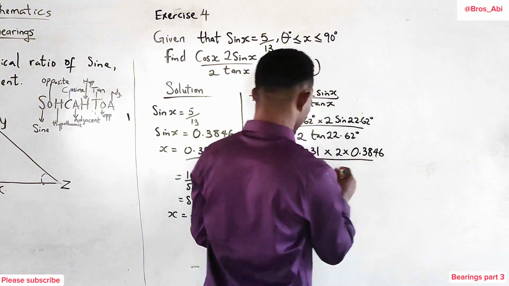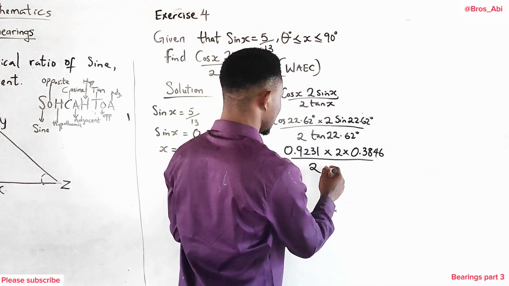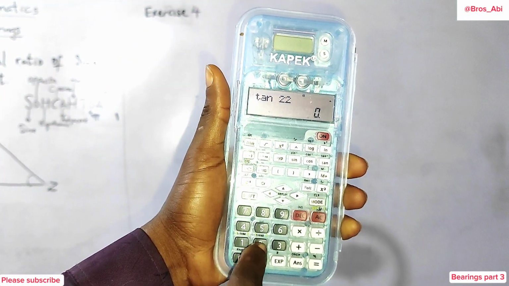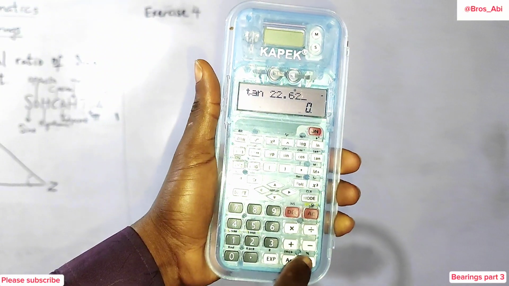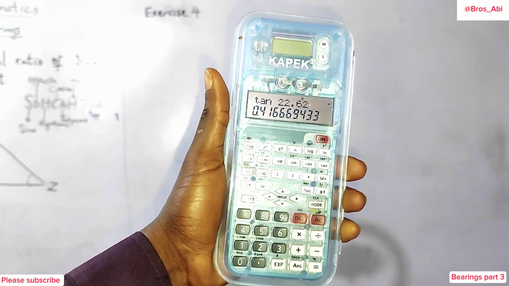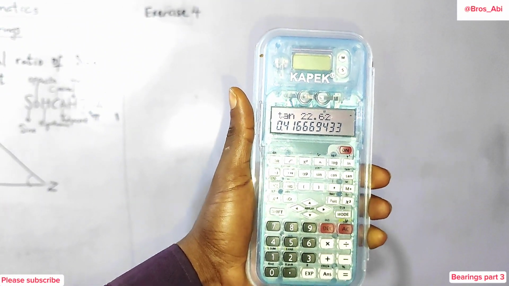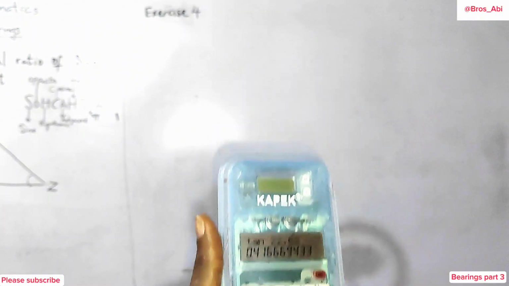Then over 2 times also tan 22.62, which equals 0.4167. We round up the 6 to 1, add to 6 and it becomes 7.